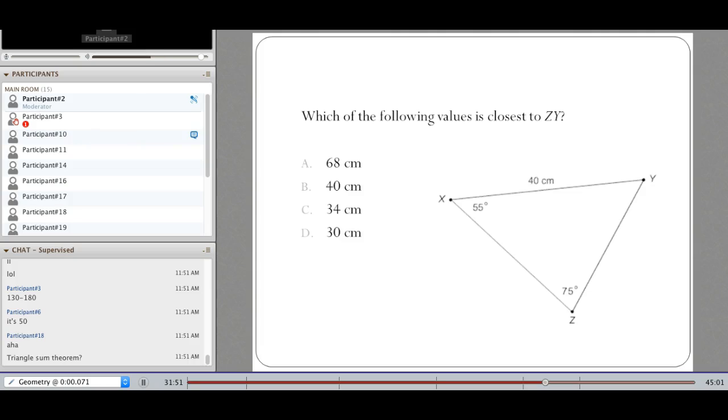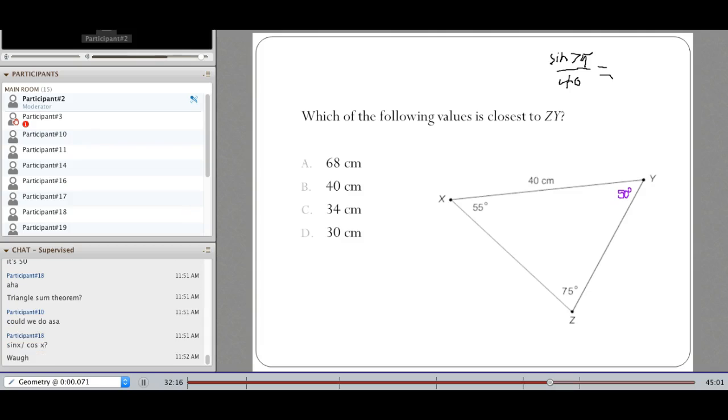Aha, okay, go for it, Mason. I'll let you do it a little early because we're running short on time. Yes, so you could do, well, not angle, side, angle, because that would need to be this side. Yeah, so Mason's got it.